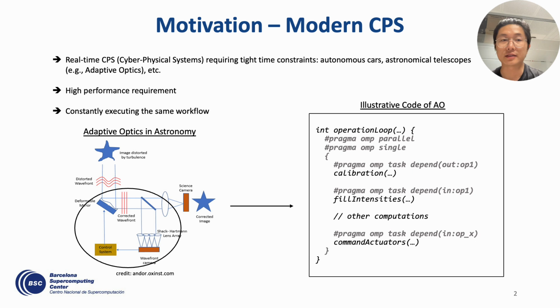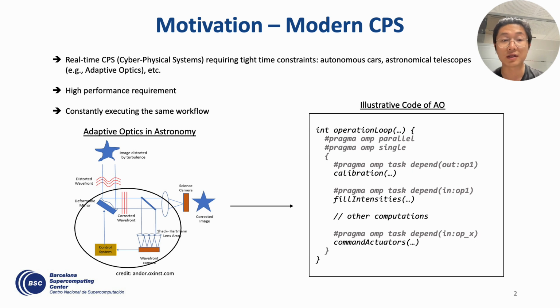Here I'm showing a CPS, Cyber Physical System application called Adaptive Optics. What it does is capture images from a star, and the captured image is distorted because of the atmosphere.